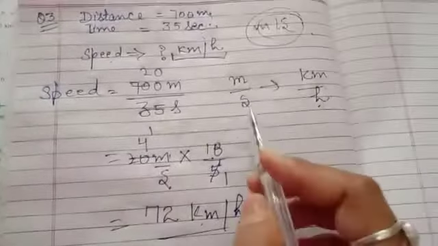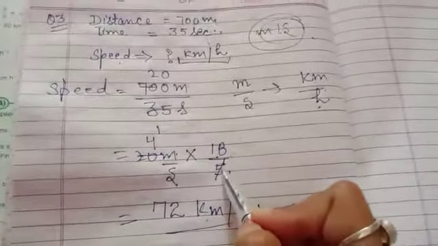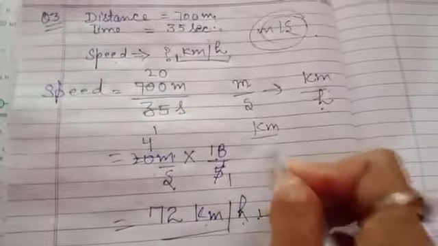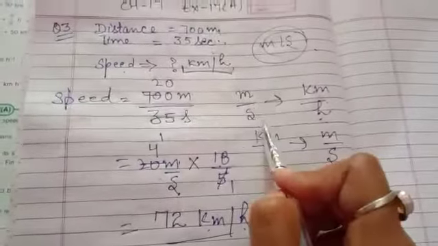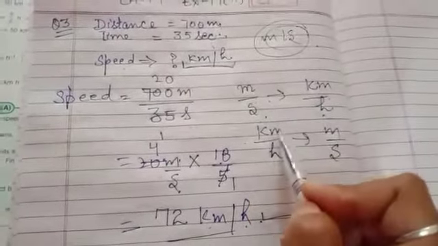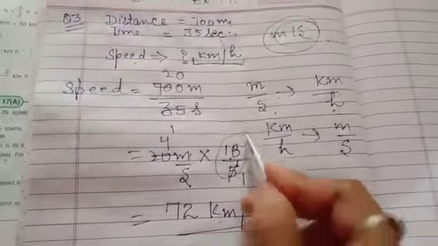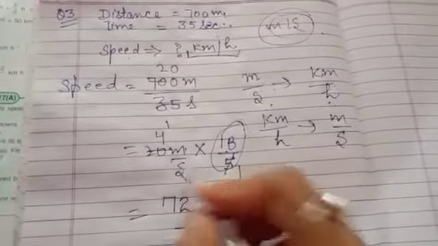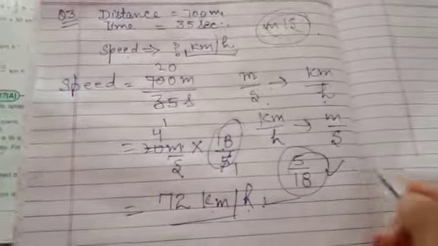When we have to convert meter per second to kilometer per hour, we will multiply with 18 over 5, and in case when we have to convert kilometer per hour to meter per second, it is the reverse, now kilometer has to be changed into meter, right. So we will do the reciprocal of these numbers and we will multiply the speed with 5/18. This is the shortcut method.